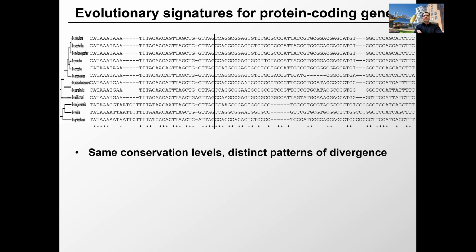How are they translated? Every how many nucleotides do I get an amino acid? Every 3. And what else do we know about the genetic code? We know that there are groups of codons that code for the same amino acid. So yeah, there's redundancy.